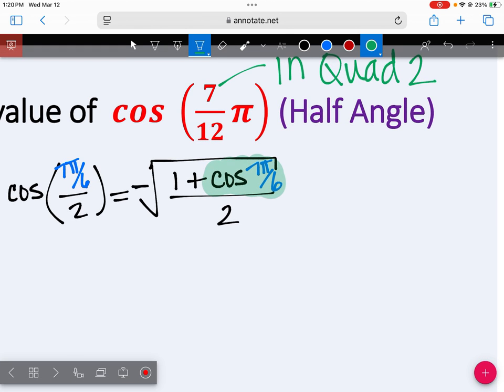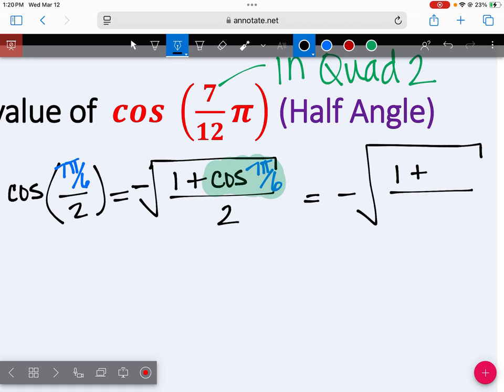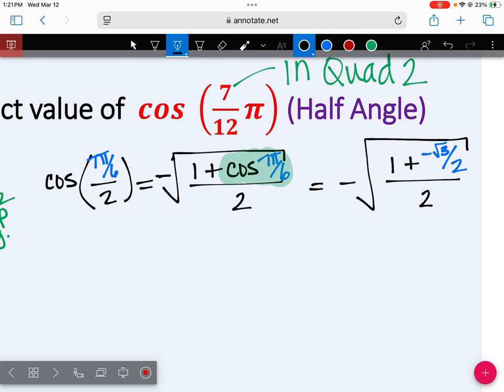So I'm going to just follow my steps, and this time it should go a little bit faster. Make sure you drag that negative along though. So we got 1 plus a negative root 3 over 2, and that's all over 2. When you add a negative, can we just make that a subtraction in the numerator? Make it simpler? Okay, so then I'm going to break it apart.